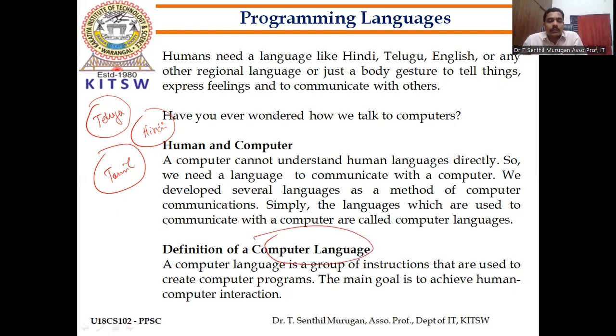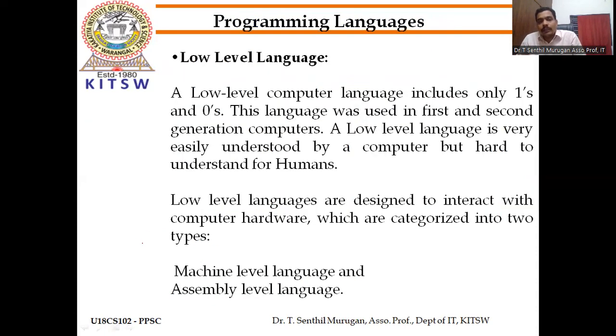Okay, so those languages are classified into two categories. One is high level language and the other is low level language. What is high level language? What is low level language? What humans can understand is considered the high level language.